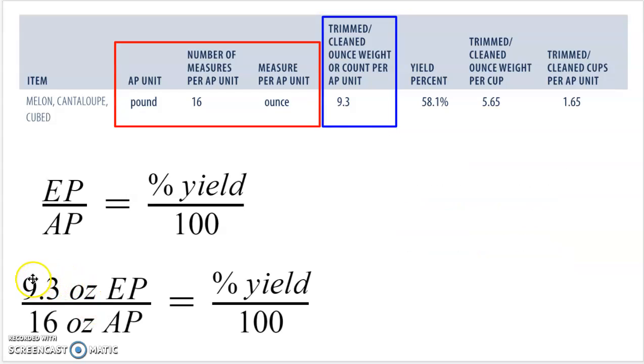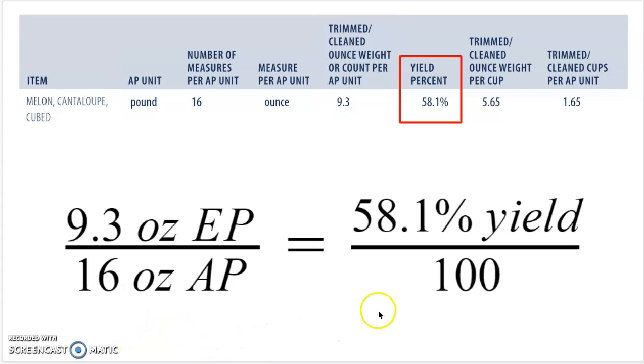So they get the 9.3 ounces EP over 16 ounces AP, and they calculate the yield percent, and that's where that 58.1% yield came from. That's why this column and the yield percent are related to each other, because the yield percent came from this column.